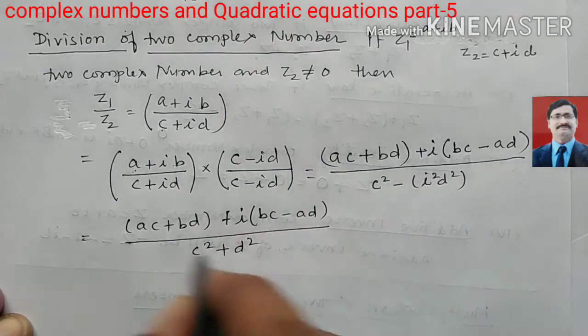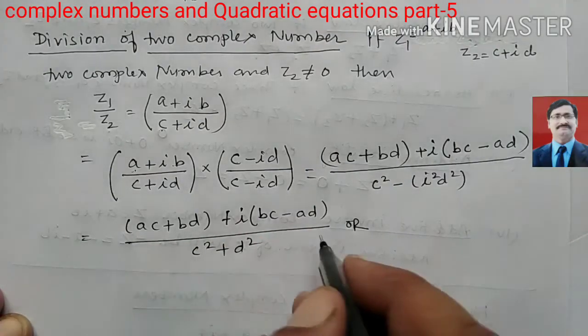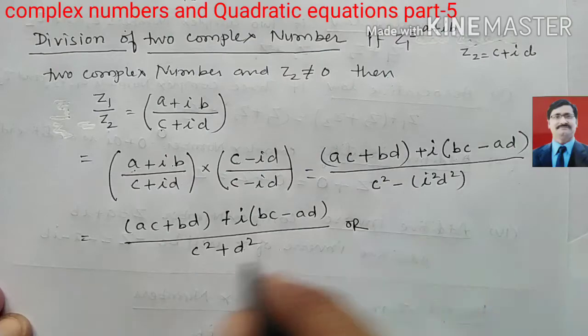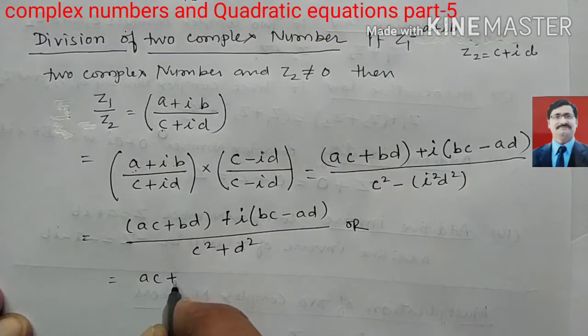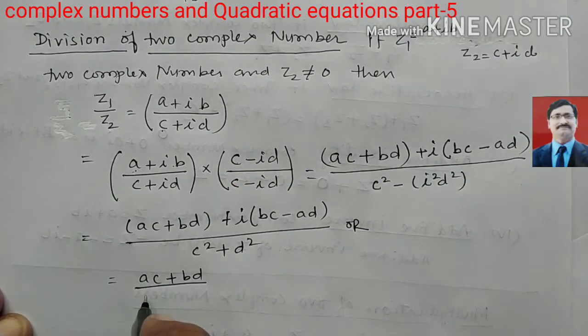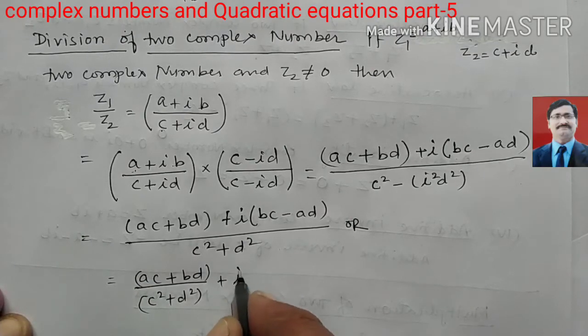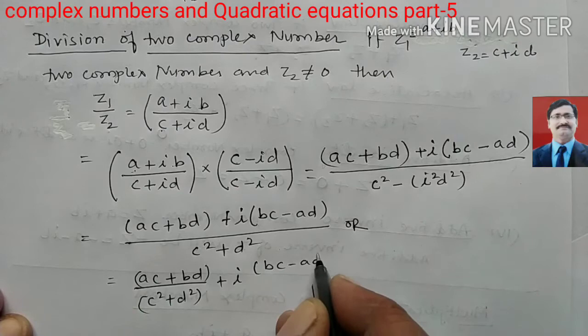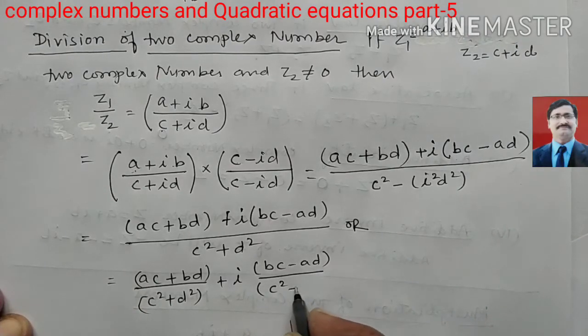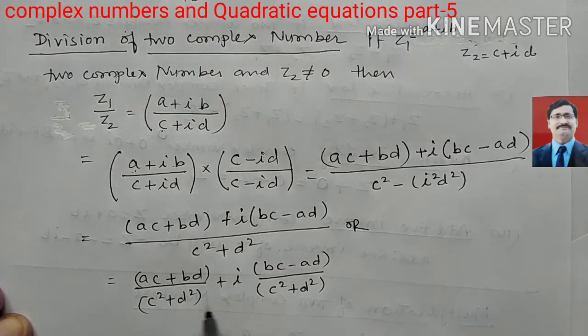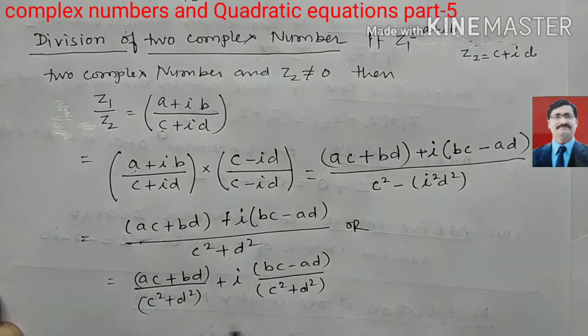You can write this answer, or you can separate it: AC plus BD a whole upon c square plus d square, plus iota BC minus AD whole upon c square plus d square. So look here, you can write any answer, this one or this one, both are correct.